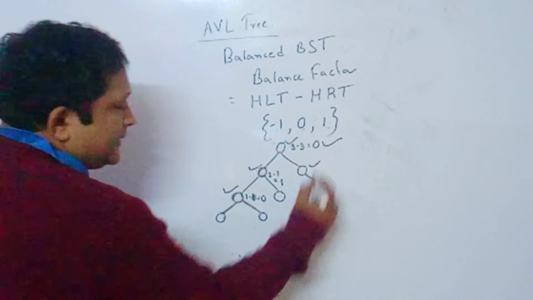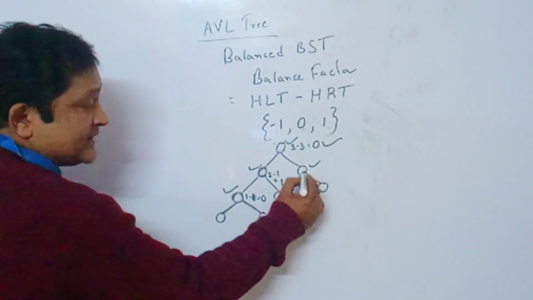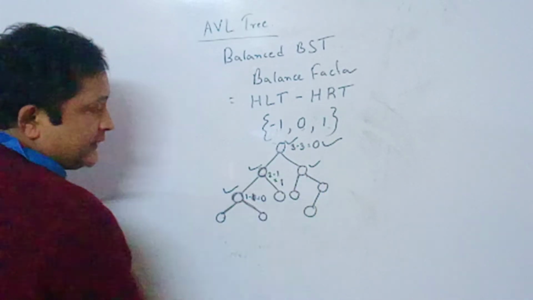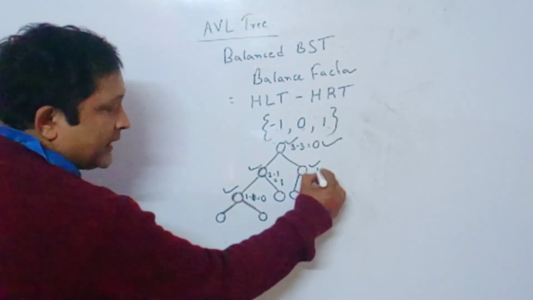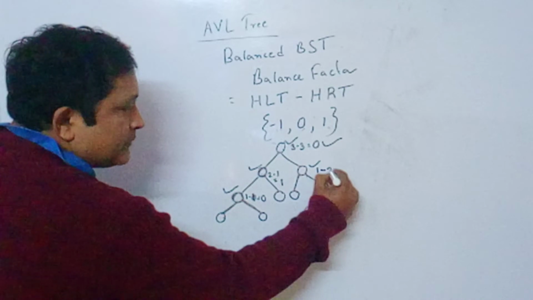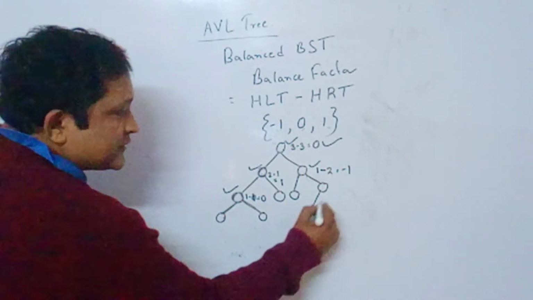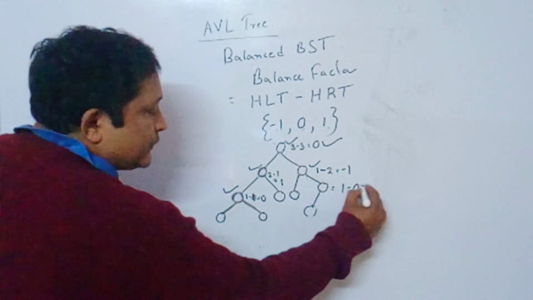For this, is it balanced or not balanced? This node is balanced, but is this node balanced? If I have a node here, the height of the left subtree is 1 and the height of the right subtree is 2. 1 minus 2 is minus 1. This satisfies the range, and this also satisfies the range. The balance factor is only 1. 1 minus 0 is 1.